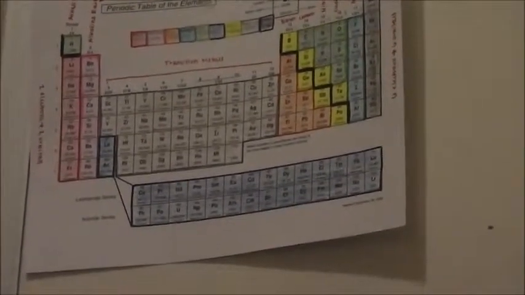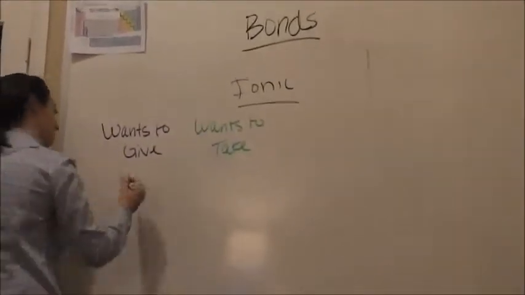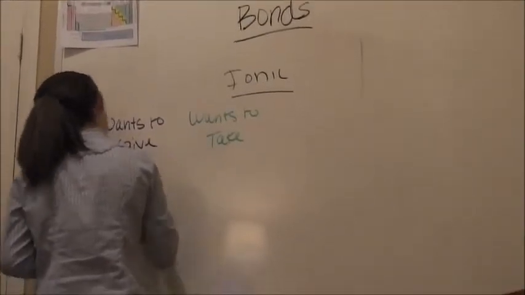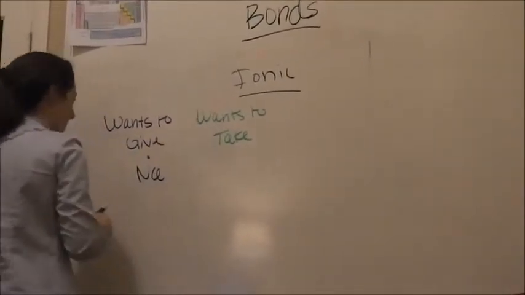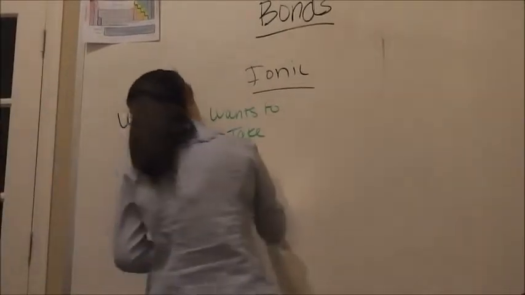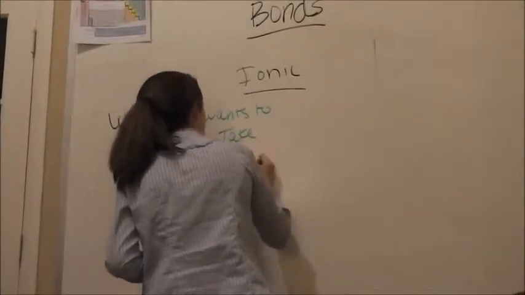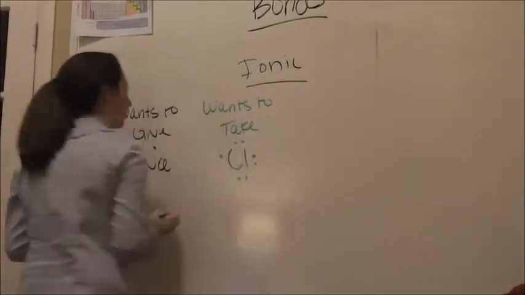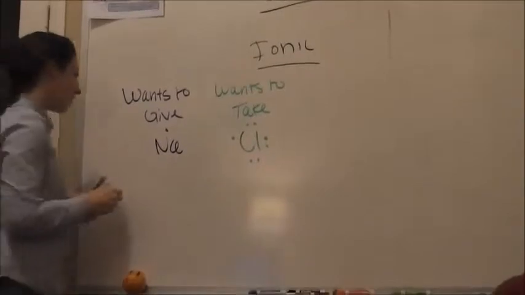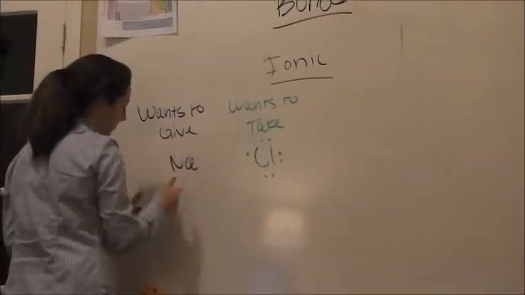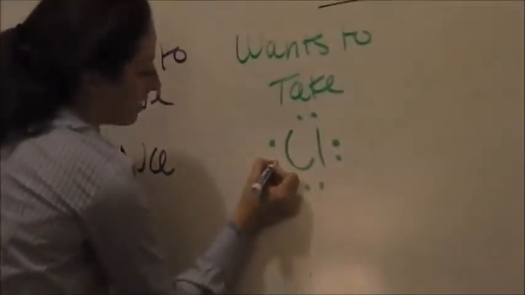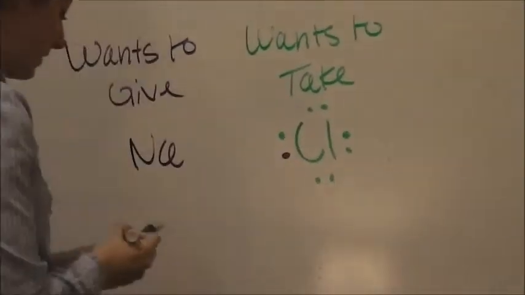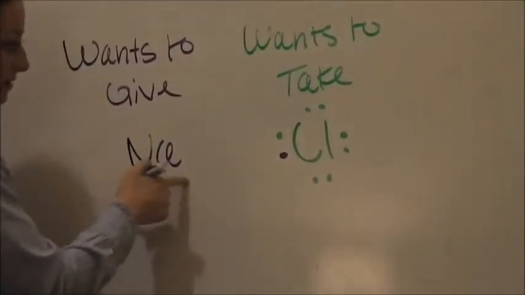And the ones that want to take are going to be halogens. So let's do an example here. We'll do sodium, the alkali metal family with 1 valence electron, and then chlorine, 7 in the halogen family. And so for this ionic bond to form, all that's going to happen is sodium is going to give his 1 electron to chlorine. And as he did that, he lost an electron to chlorine, right?